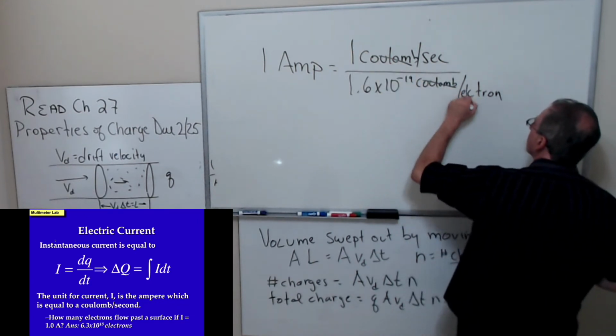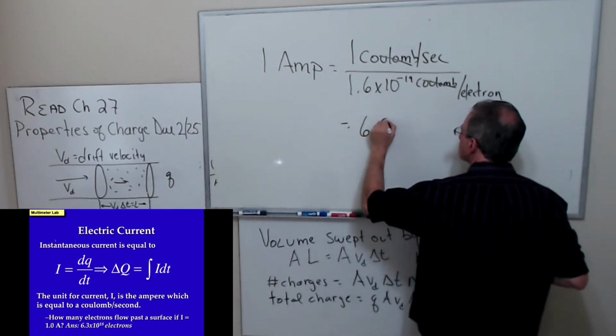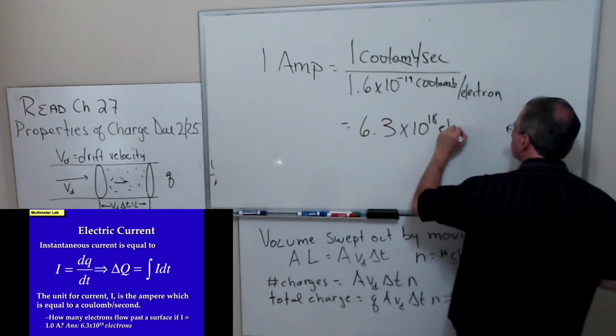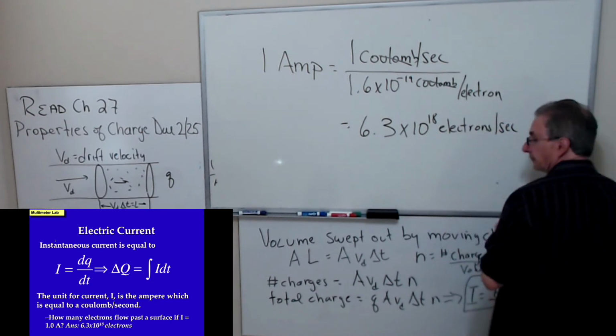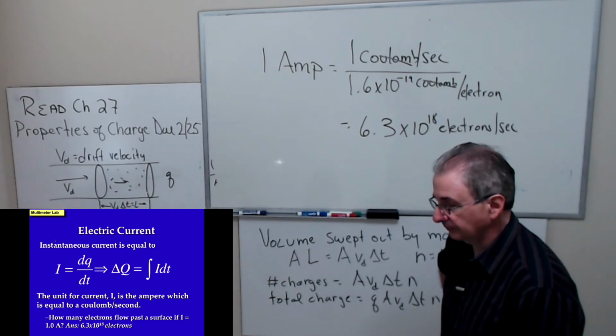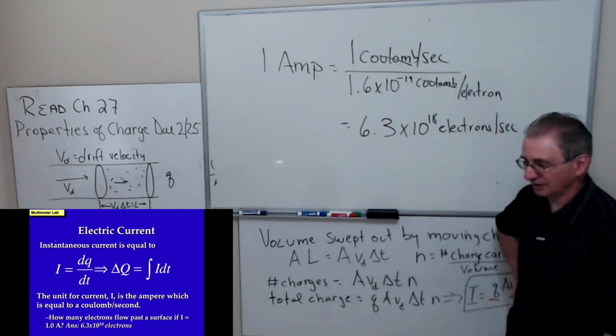I'm going to get the electrons per second. This ends up being 6.3 times 10 to the 18th electrons per second. Okay, so you can tell the amp is a pretty big unit of current.